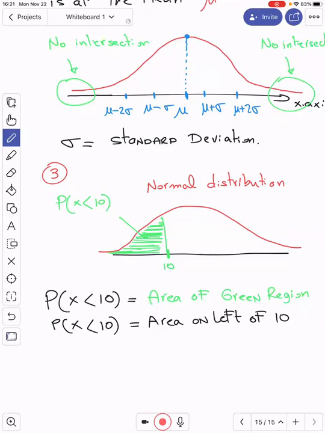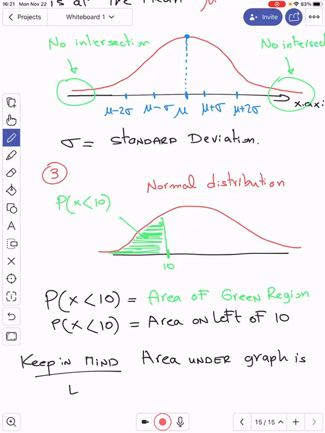You need to keep in mind that the area under the graph is 1 unit square, which is 100%.